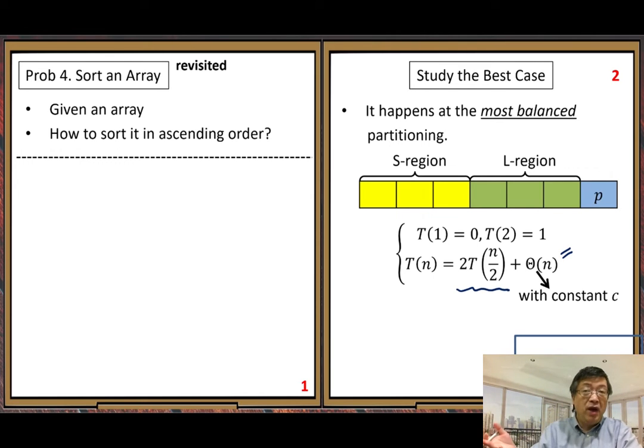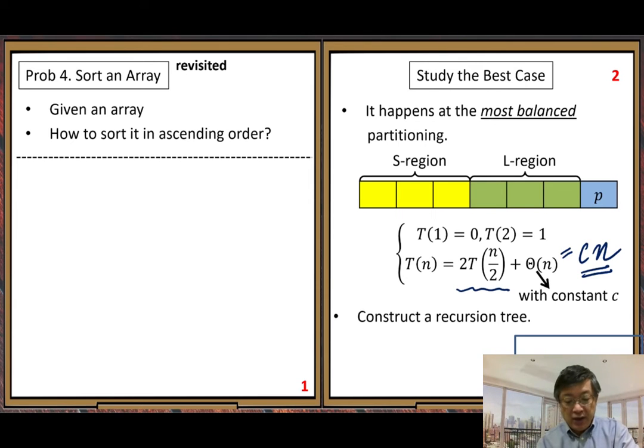Because big theta is not very convenient if you want to do the calculation, right? So here we may like to use constant c times n to replace that big theta. Then it will be much more convenient in our calculation.